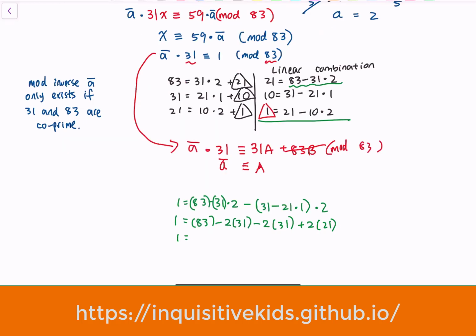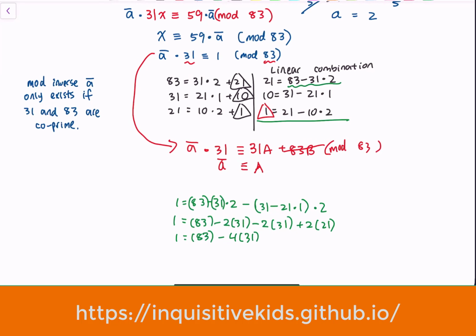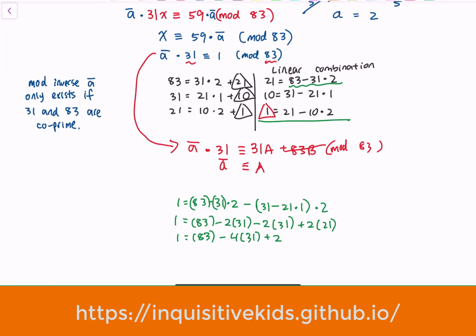And we can combine like terms. 83 minus 4 times 31 plus 2 times 21. Well, this 21 can be rewritten in terms of 83 and 31. This is equal to 83 minus 31 times 2. We keep referencing what we have written here.